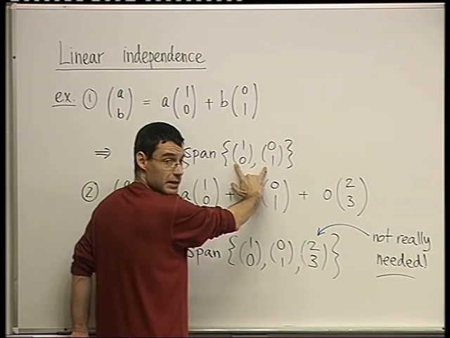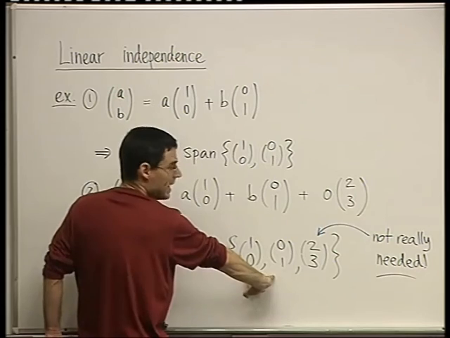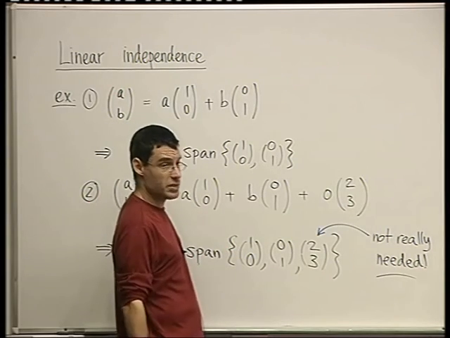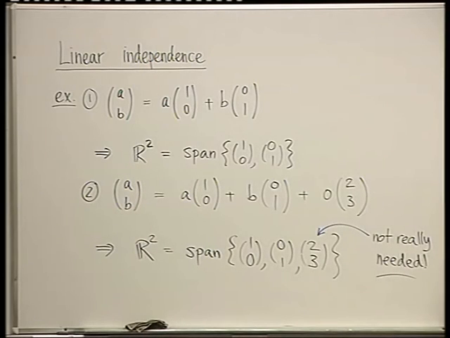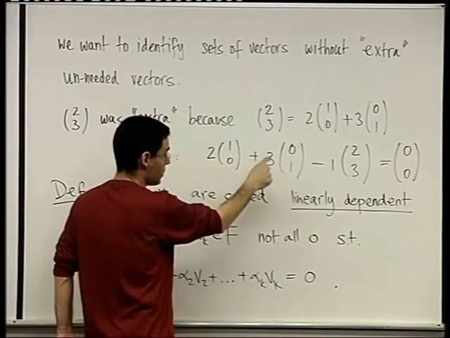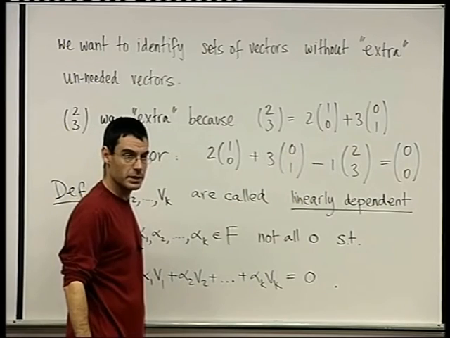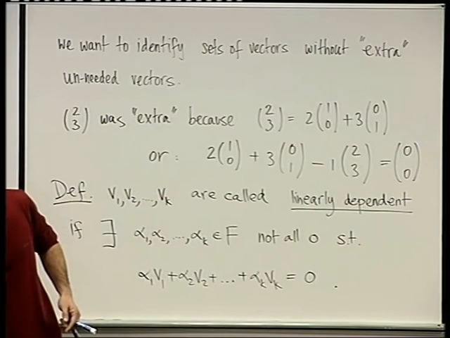Does everybody see that? Whereas this was a dependent set of vectors, because we saw that there is a linear combination which gets 0 where not all the coefficients are 0, namely this. Look at this board, please. 2 times this one plus 3 times this one minus 1 times this one is 0. Do you agree?